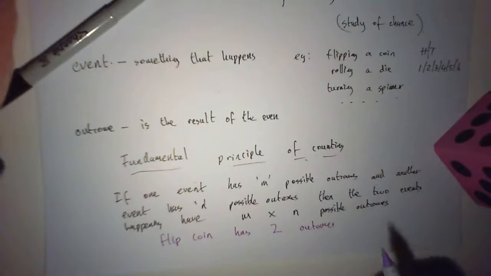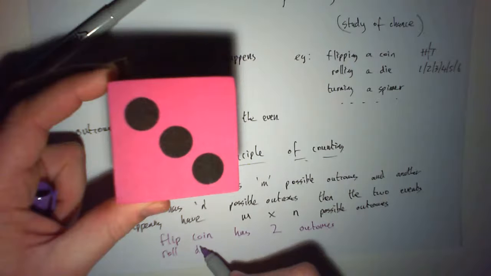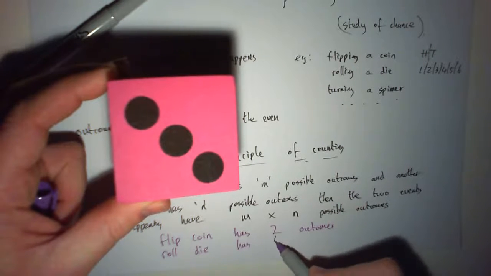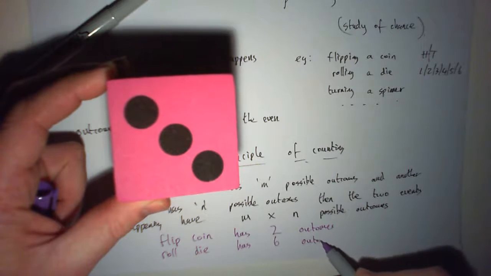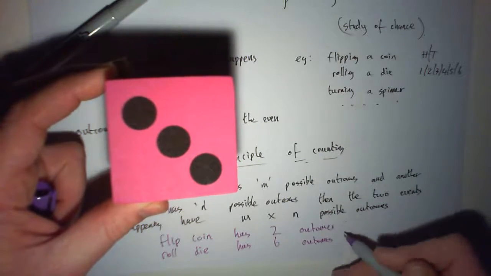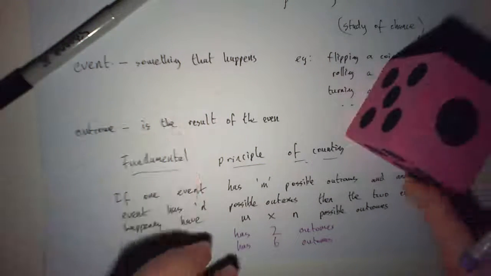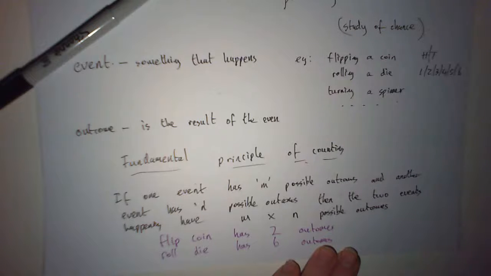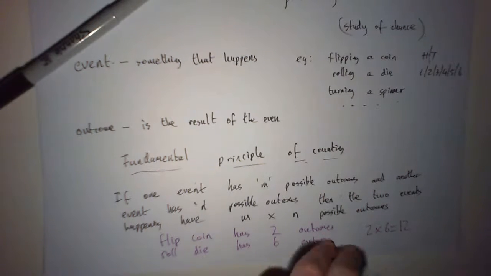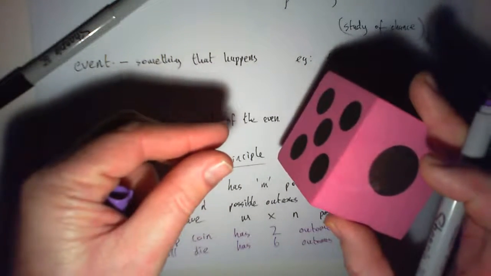Roll a die has 6 possible outcomes. Sorry, should have put in the word possible. Okay, but you get the idea. So if that has 2 and that has 6, then there are, and this is the important bit, 2 times 6, which is 12 possible outcomes of doing both of these things at the same time.